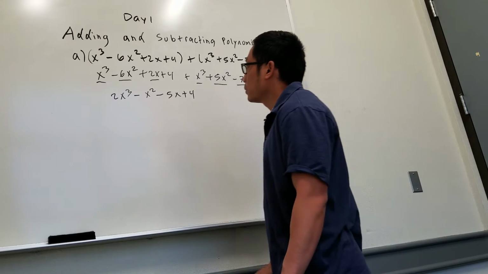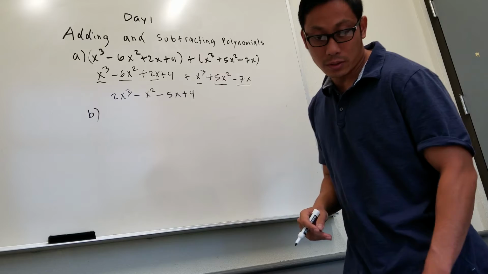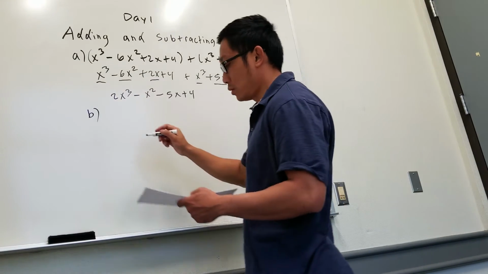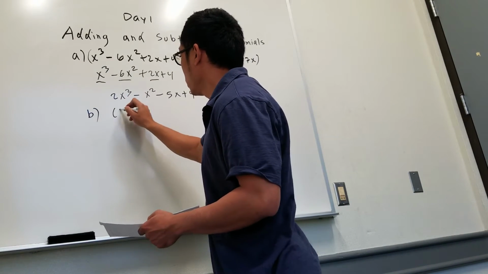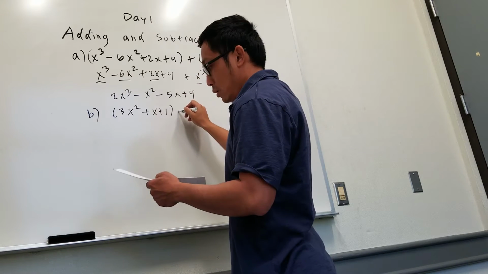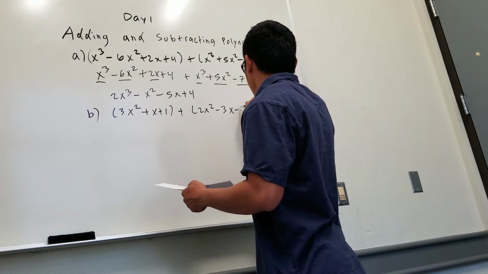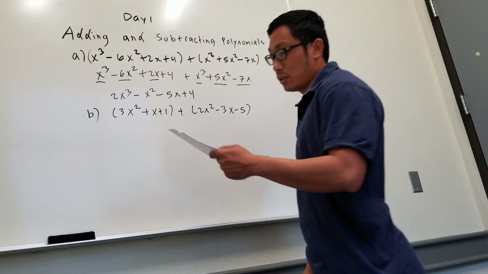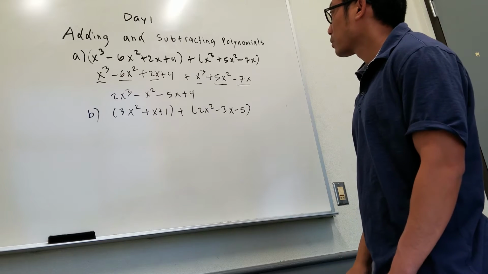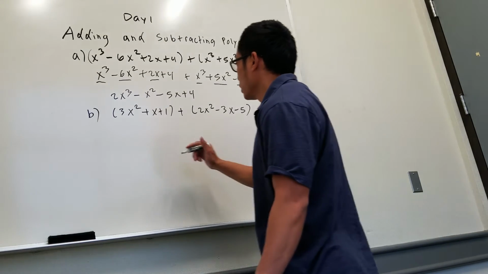Now let's look at the next one, B. See if you can do it. We have parentheses 3x squared plus x plus 1 plus 2x squared minus 3x minus 5. Since it's positive, we can just drop the parentheses.